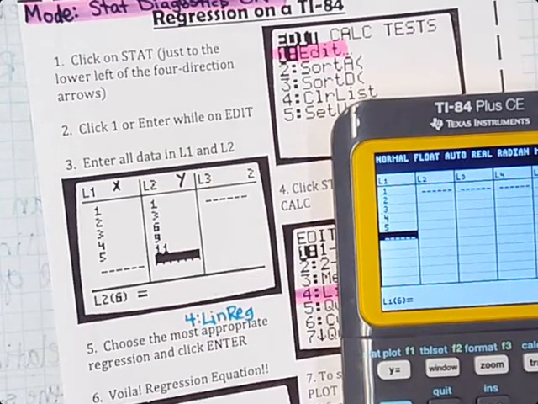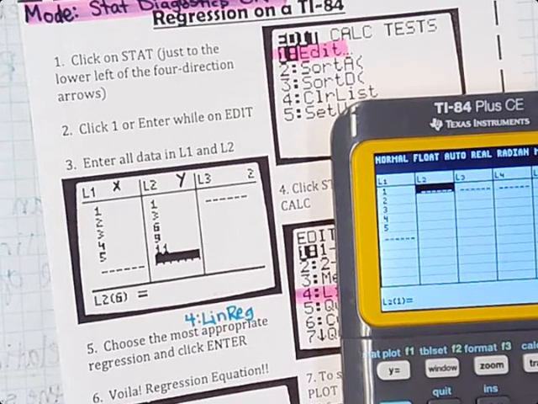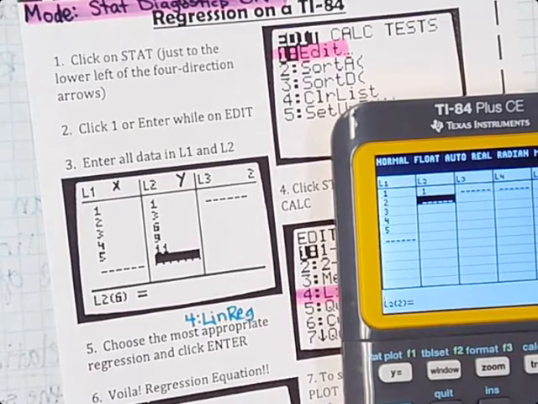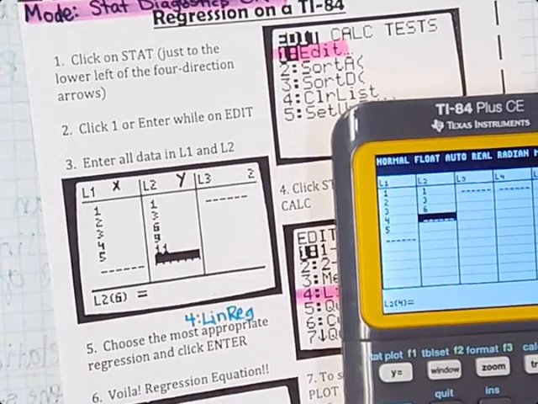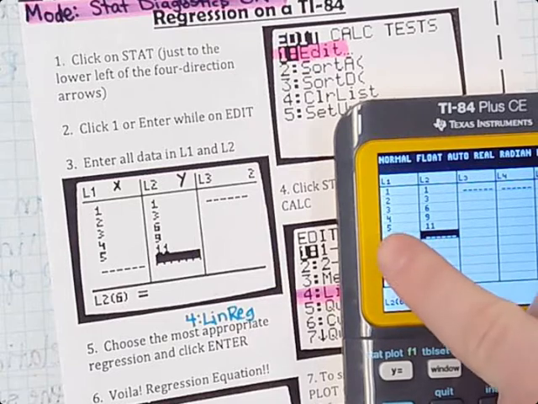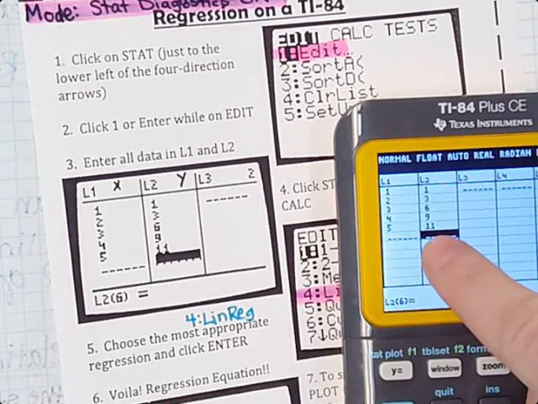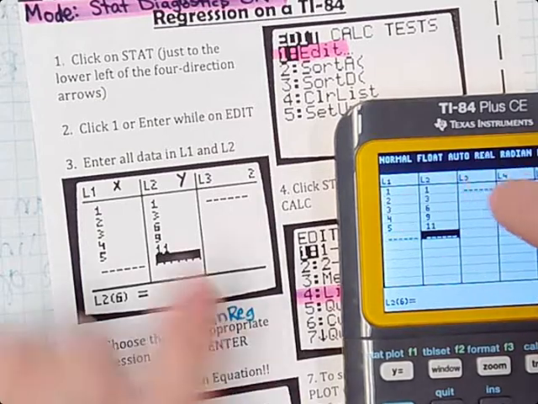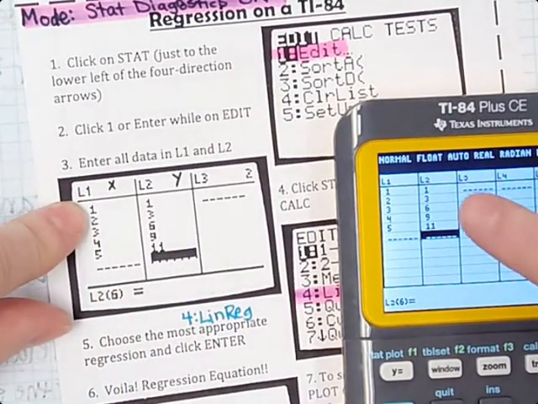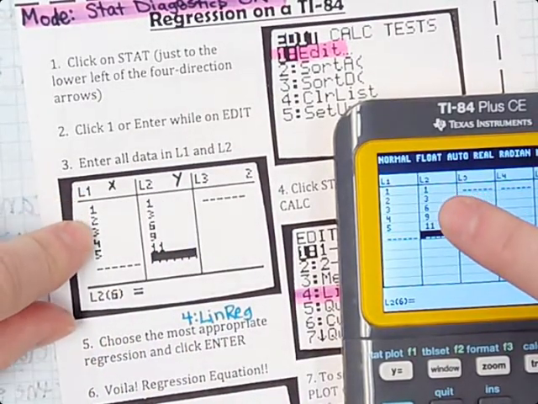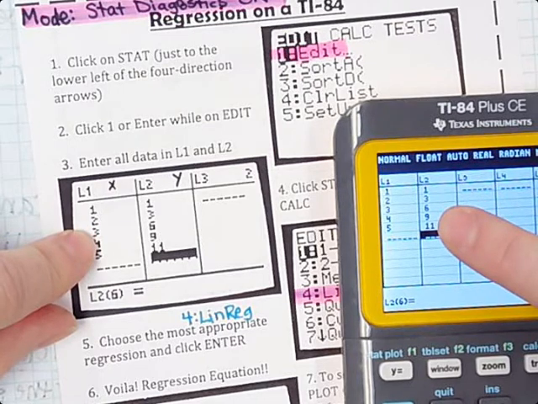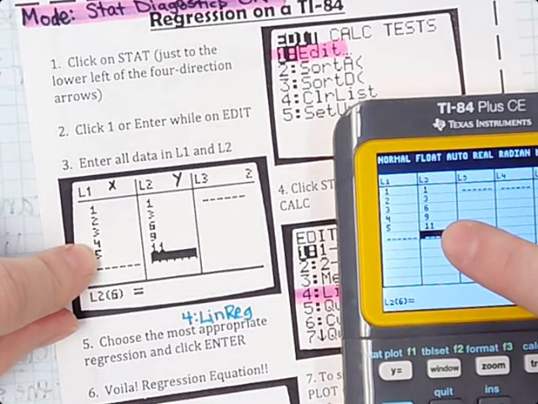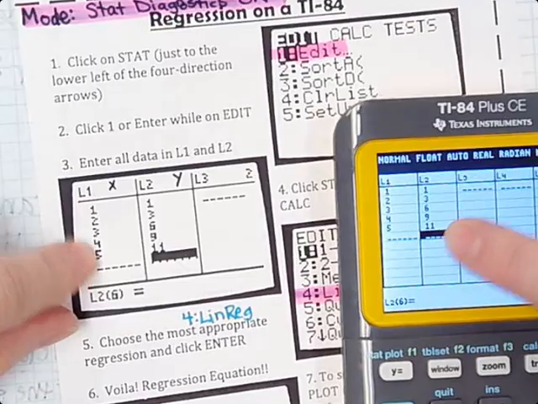Then I want to get over to L2, so I'm going to arrow over, and I'm going to put in 1, 3, 6, 9, 11. If these are not even, you did something wrong. You left something out or added an extra number. So make sure that they match up. 1 should be with 1, 2 with 3, 3 with 6, 4 with 9, and 5 with 11. Double check that before you move on.